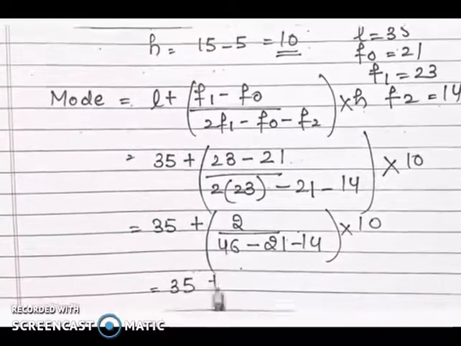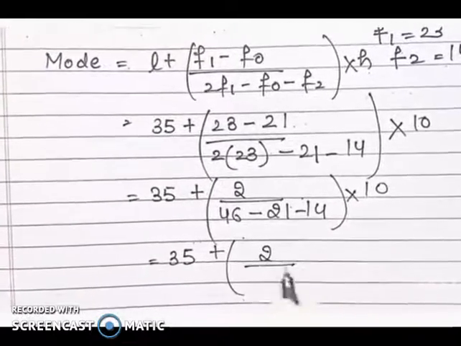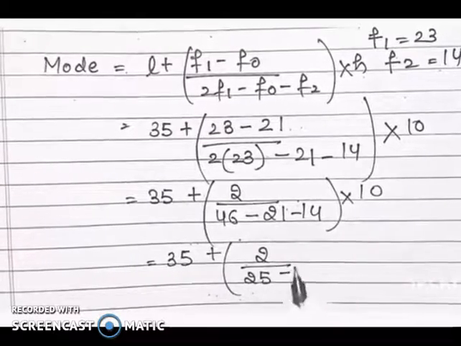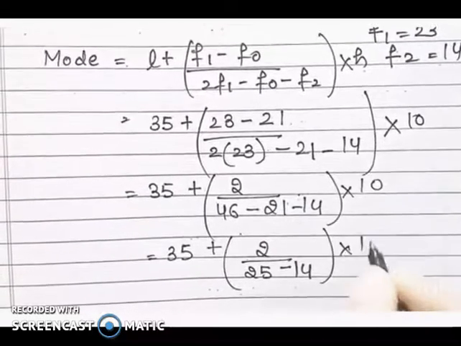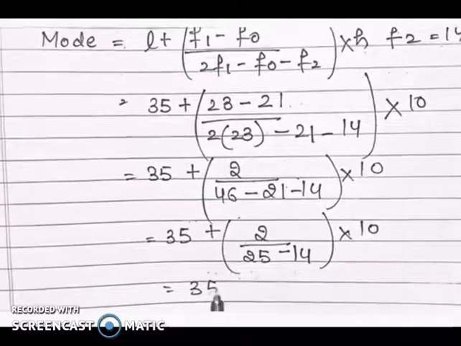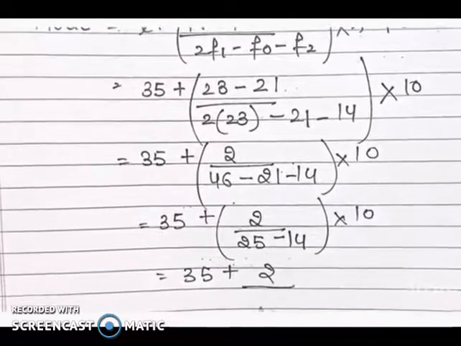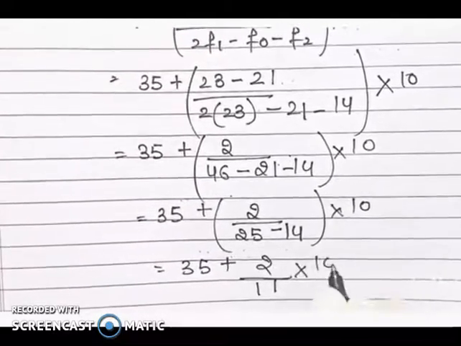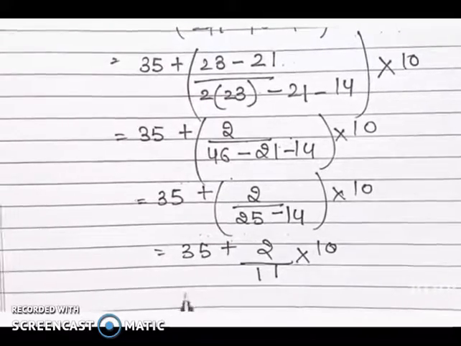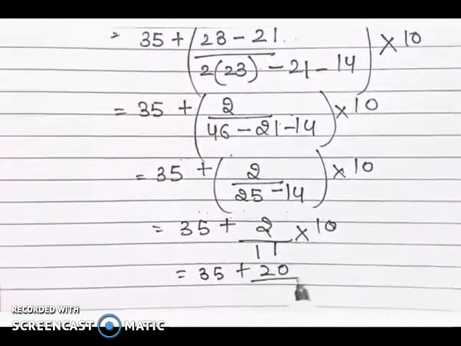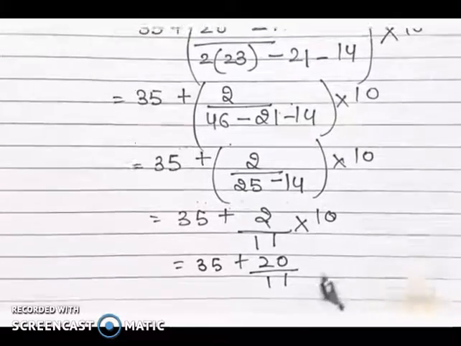So 35 plus 2 divided by 46 minus 21, that is 25 minus 14, into 10. So 35 plus 2 by 11 into 10, equal to 35 plus 20 by 11.